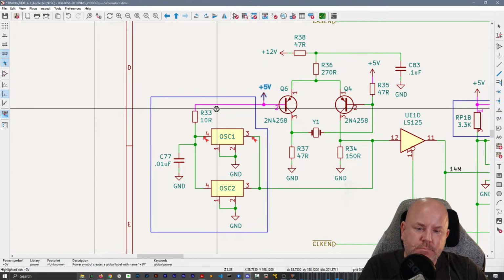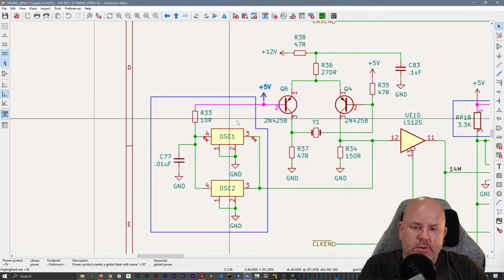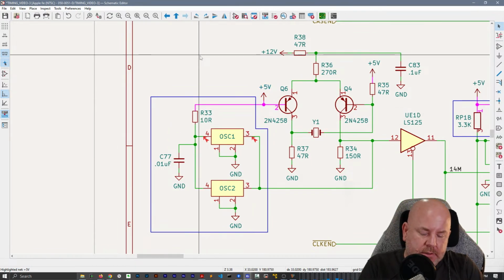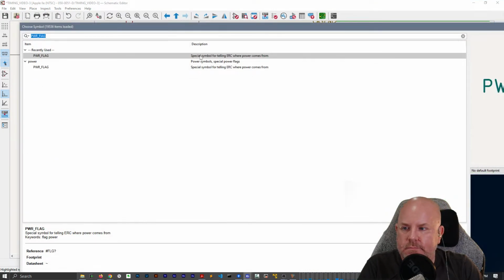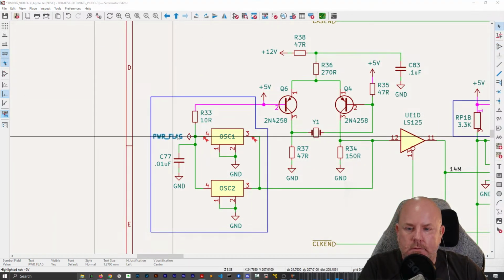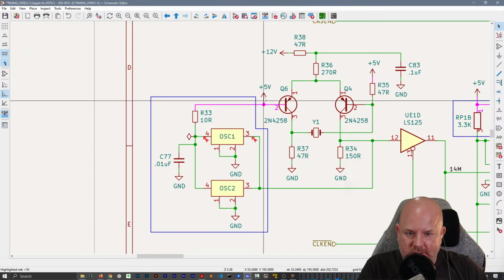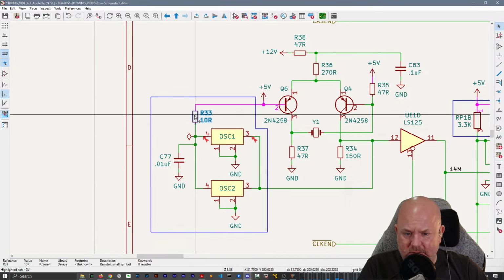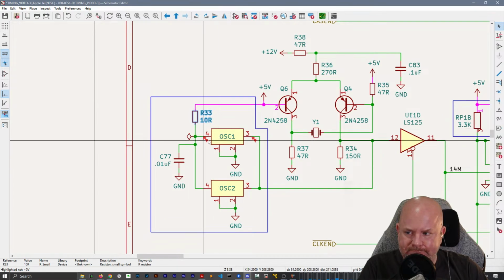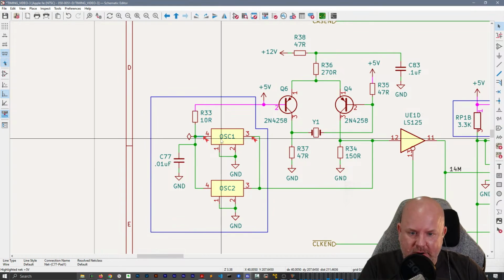Okay. All right. So what's happening is the 5 volts is right here, but because there's a resistor for some reason, this node doesn't have a power flag.